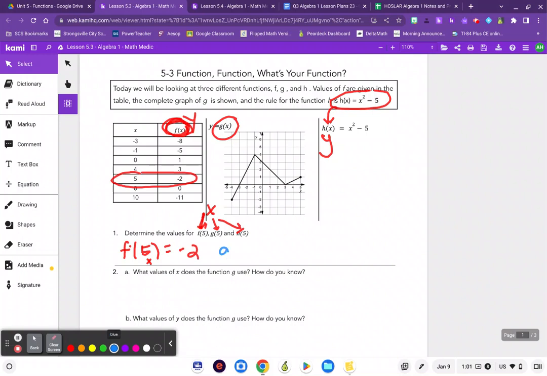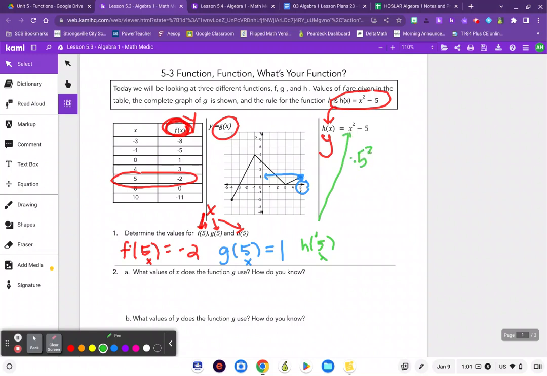If I'm looking for g of 5, again, I'm looking for where the x value is 5, so that's here on the g graph, and what's the y value associated with the point on the graph. The y value that goes with an x value of 5 is 1. And finally, if I'm finding h of 5, again, 5 is an x value. So I'm going to replace the x in this equation with 5.